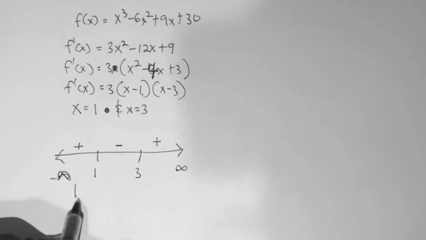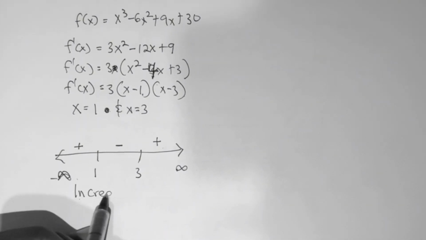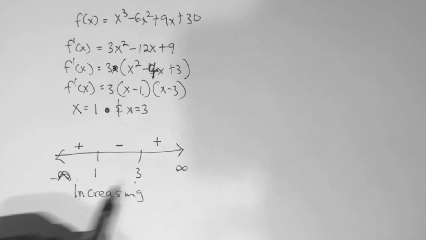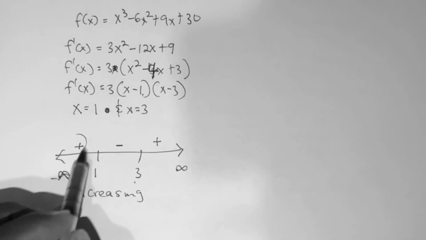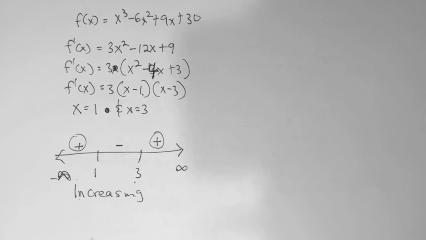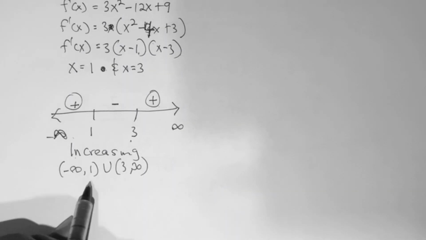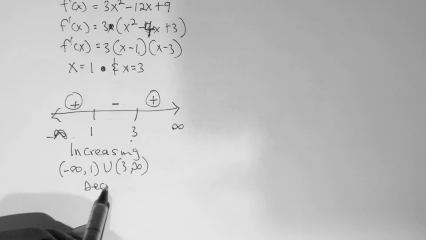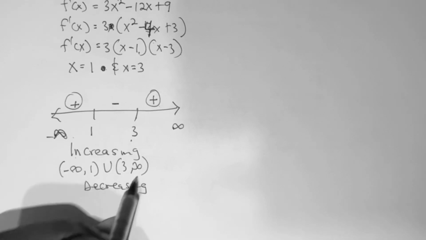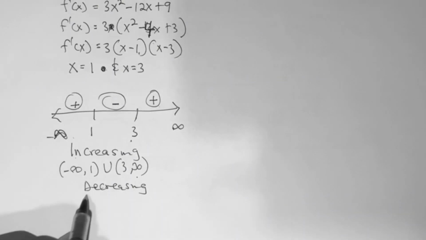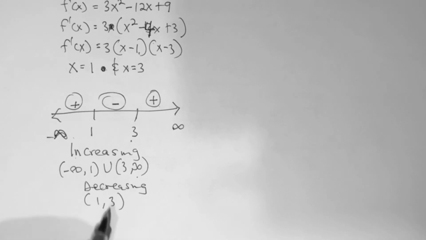So now, what are the intervals for which the function is increasing? So it's increasing in this interval and also increasing in this interval, which is minus infinity and 1, then union 3 and infinity. Then what is the interval for which it is decreasing? So it's decreasing in this interval, which is 1 and then 3.